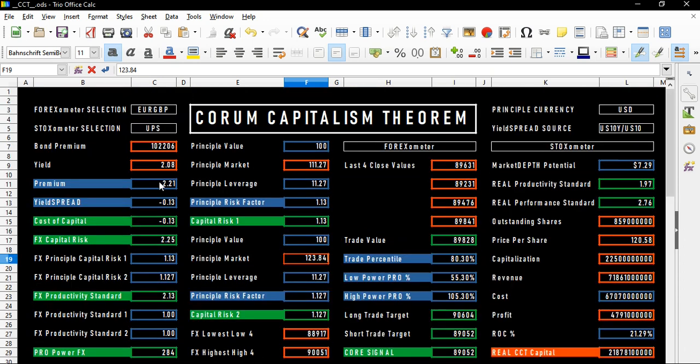All right. If it is a blue box on the CIS-CCT Pro Calculator for Quorum Capitalism Theorem, what that blue box does is it is simply a function that transfers that value when Quorum Capitalism Theorem calculates out the trade focus.